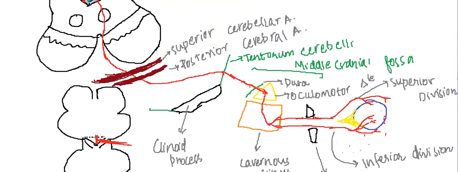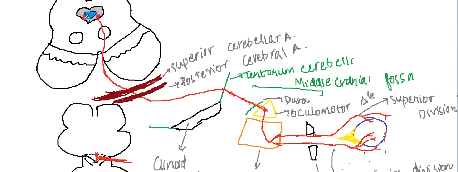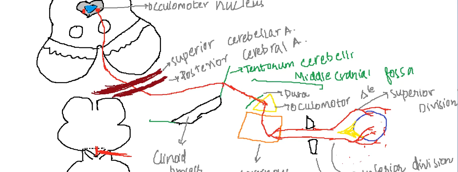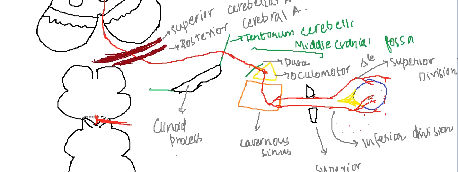And then if you see, from here there is superior cerebellar artery and then posterior cerebral artery. So from the oculomotor nucleus it will reach the cerebral fossa, and from there it will cross the superior cerebellar artery and posterior cerebral artery, and then it will cross the tentorium cerebelli and enter the middle cranial fossa.